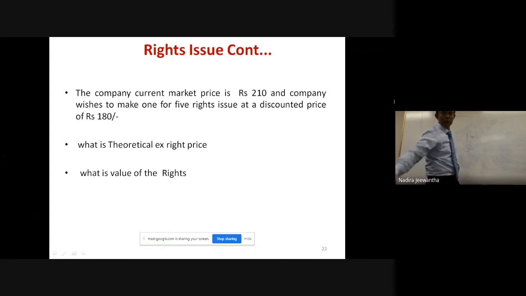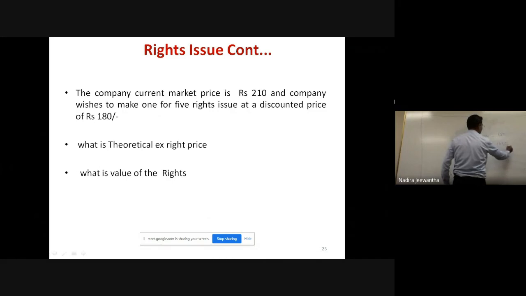The current market price is 210, and the company wishes to make a 1 for 5 rights issue at a discounted price of 180. Here the 180 plus the 5 shares at 210, so 1, 2, 3 divided by 6.